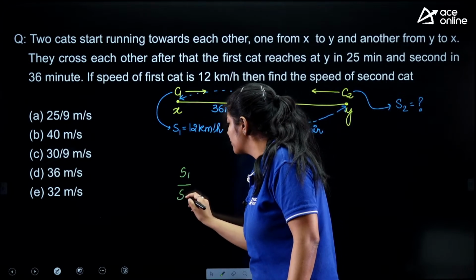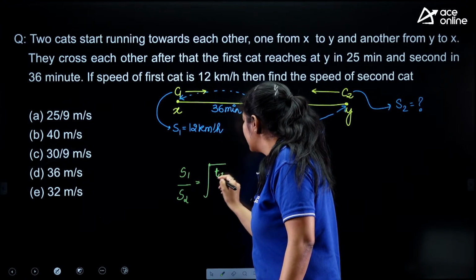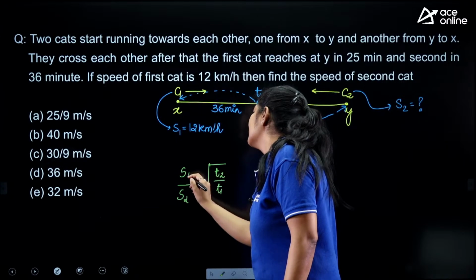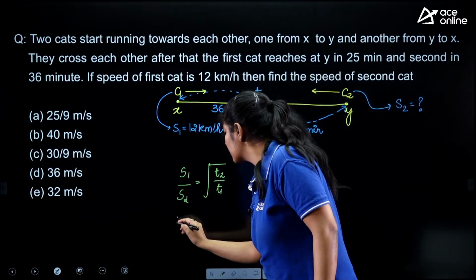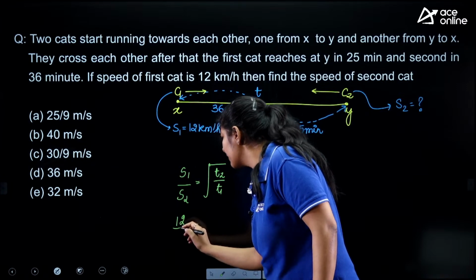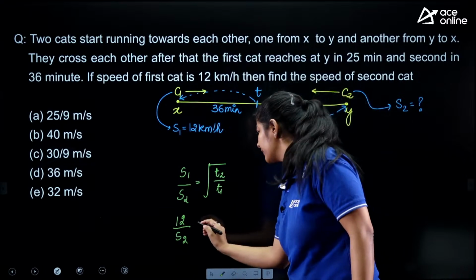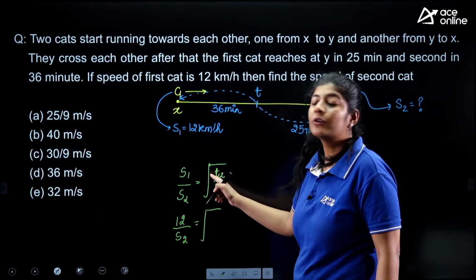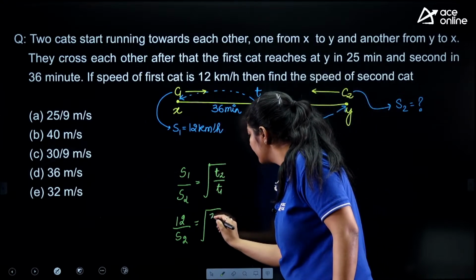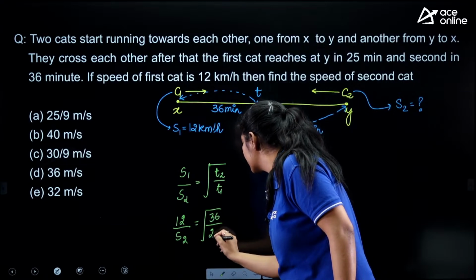S1 upon S2 is nothing but the square root of T2 upon T1. This is the only formula that you need to apply. So the value of S1 is 12 divided by the speed we don't know, that's what we need to figure out, equals the square root of the time taken by kid 2, that is 36 minutes, divided by 25 minutes.